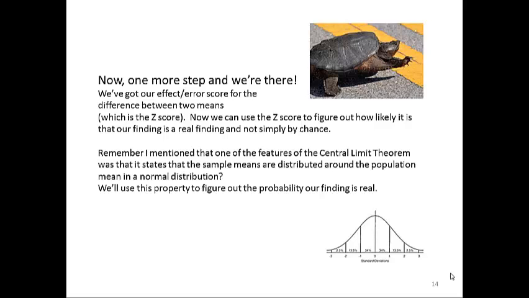I told you one of the features of the central limit theorem is that it states the sample means are distributed around a population mean in a normal fashion. We will use this property to figure out the probability that our sample is real. So we have the shape of the normal distribution that we talked about in descriptive statistics.